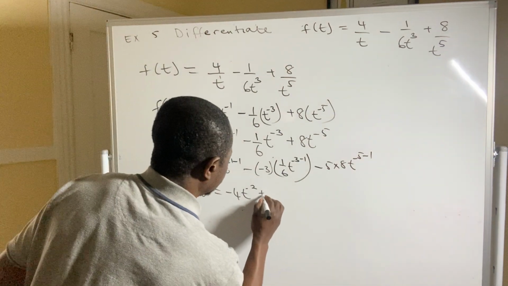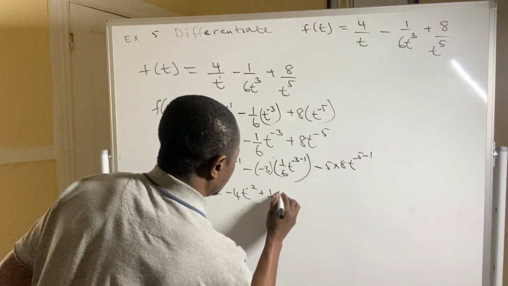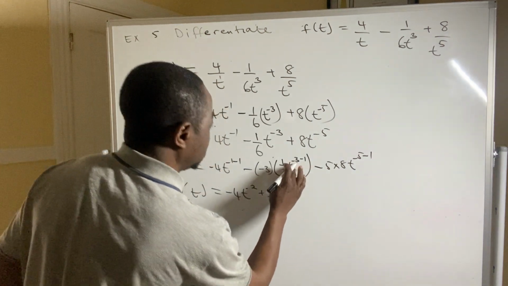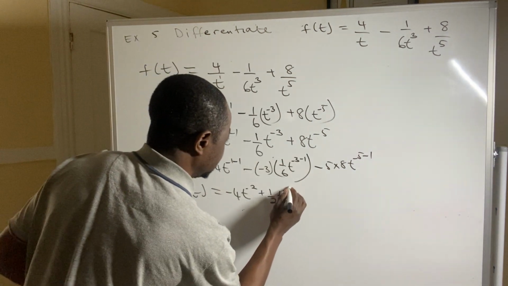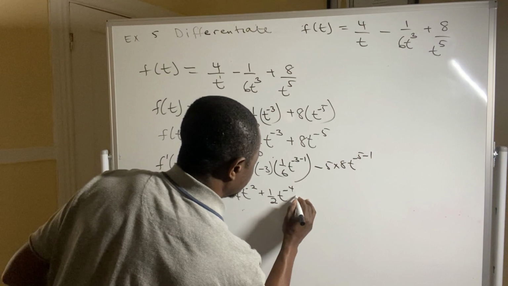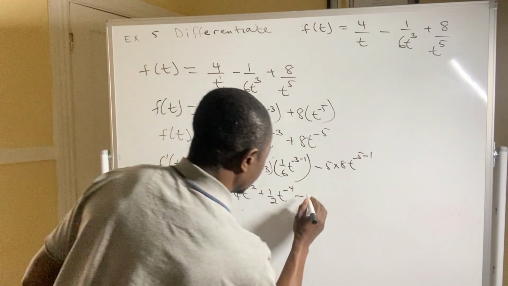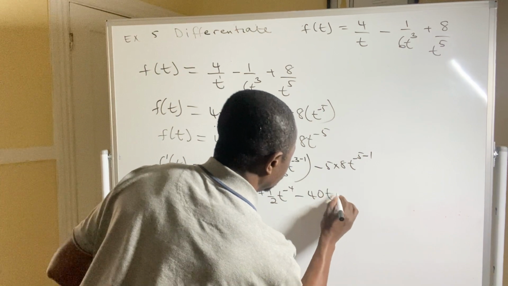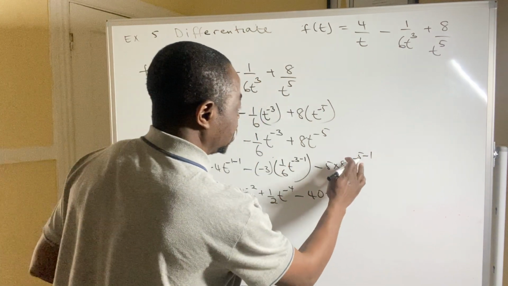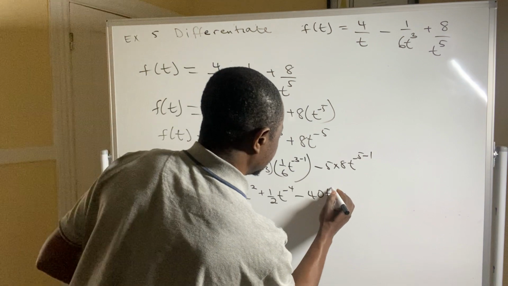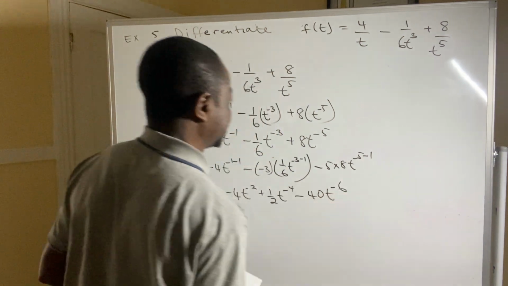So we get plus half t to the power minus 3 minus 1, which gives us minus 4. Then minus 5 by 8 gives us 40, so 40 t to the power minus 5 minus 1 gives us minus 6.